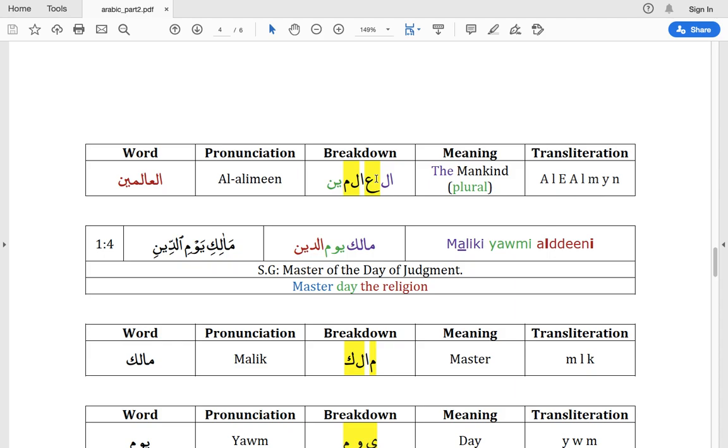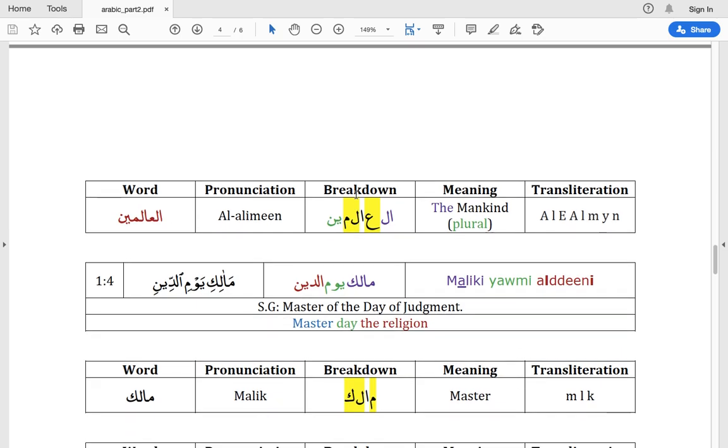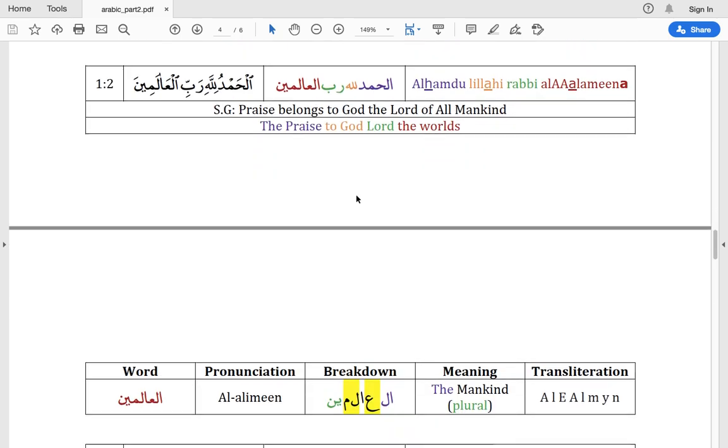But at the moment, just think of this as having been broken down into basically three separate pieces. You have the "the", and then you have ya noon, which signifies it's a plural, and then ain lam mim is the root.